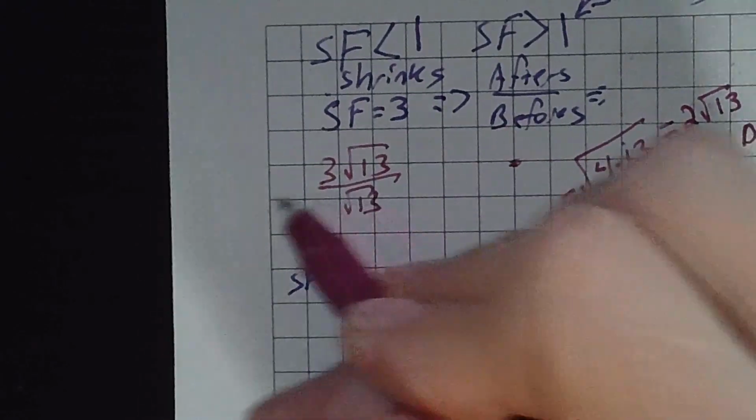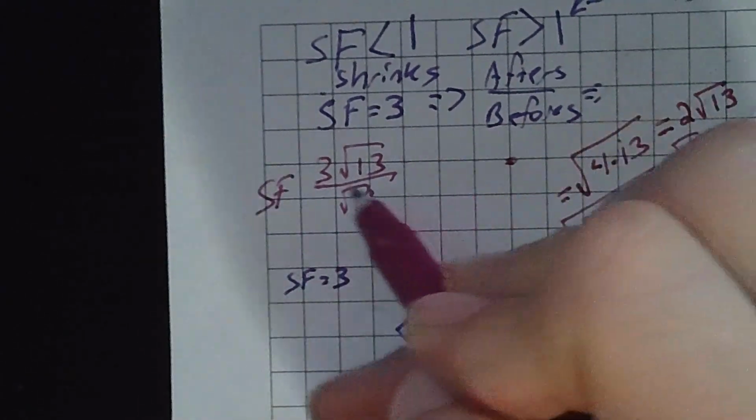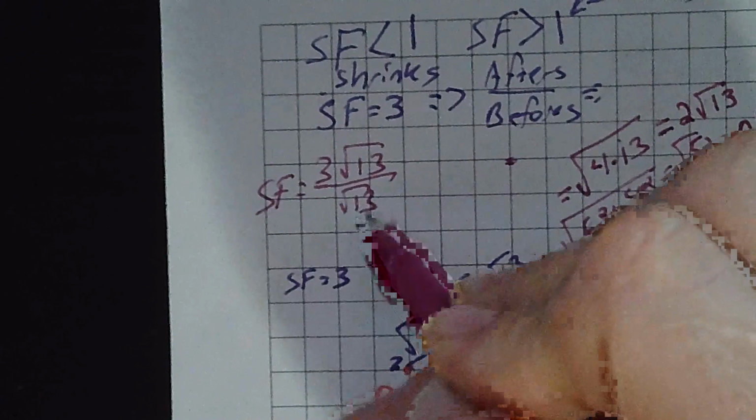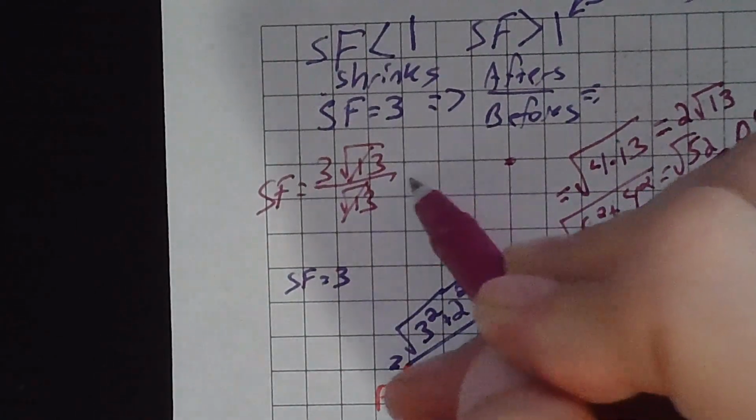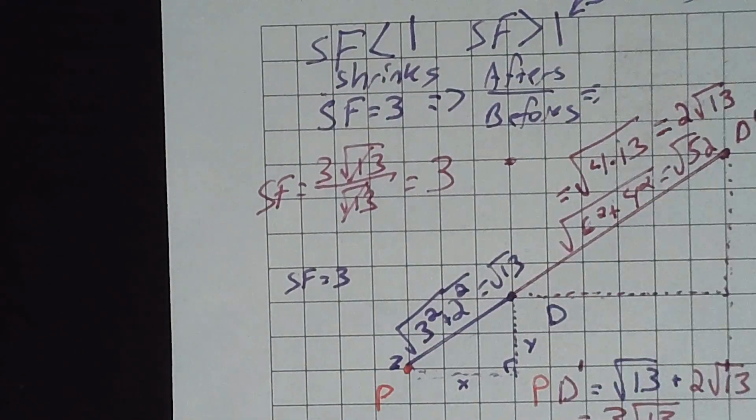I do some math, the square root of 13's cancel out, and it equals 3.